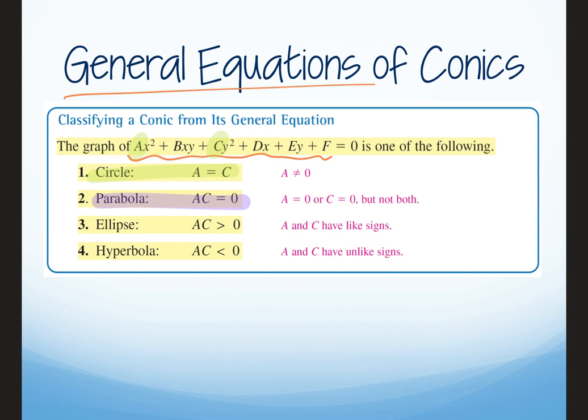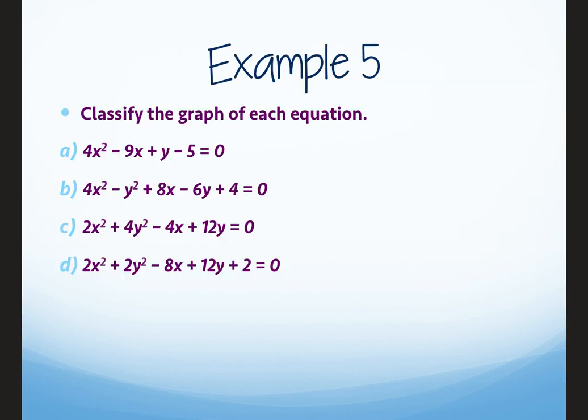Then it's a parabola. If A times C is positive, so it's bigger than 0, that means they're going to be both positive or both negative. That's an ellipse. And if A times C is negative, or less than 0, then it's a hyperbola. So if one's positive, one's negative, it's a hyperbola. Again, these are questions that should take you 10 seconds. You don't want to have to be putting them into standard form to figure it out. You should be able to look at it and figure it out.